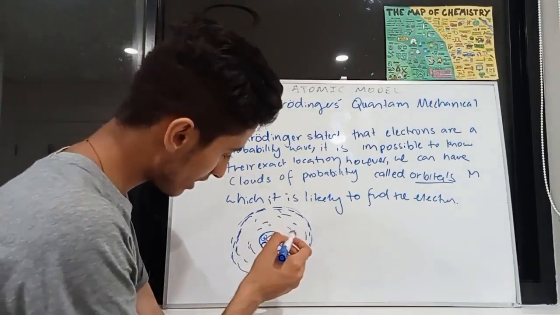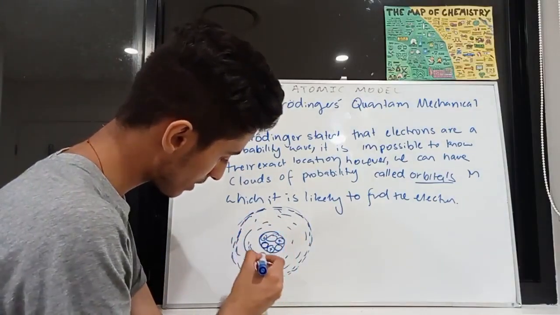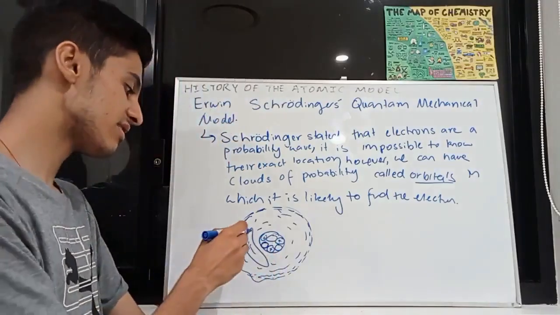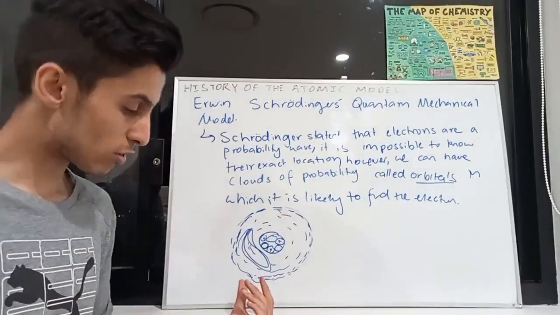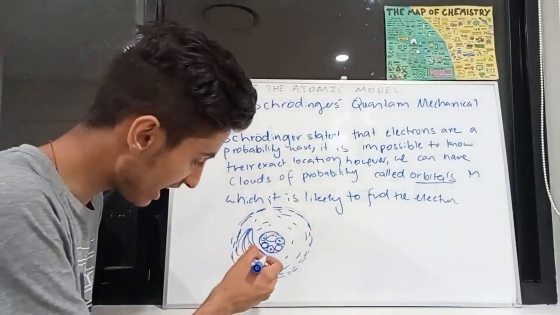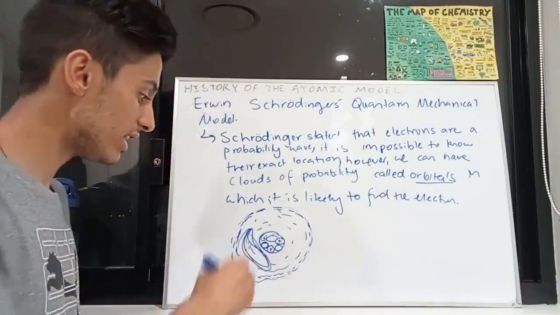Now, you see this, right? You see this area over here. This area has smaller probability waves, so it's less likely to find an electron over here.